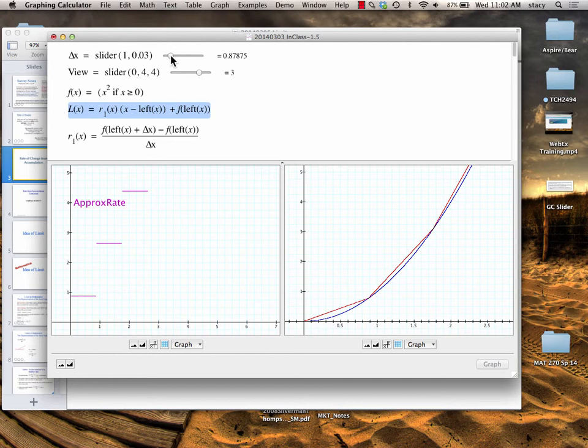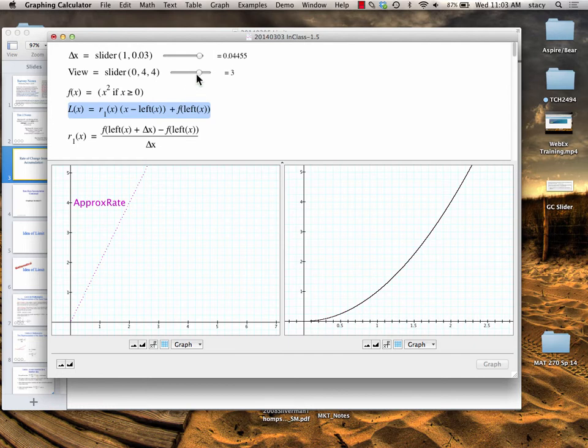And then what do I want to do? I want to make these approximations better. So as always, I let delta x get really, really small. And you can see on the right pane that the red graph is practically identical to the blue graph at this point. It's looking really good. And the approximate rates in the left pane are looking pretty good too, to a point where this looks a lot like just a curve of a function that I might be able to identify.